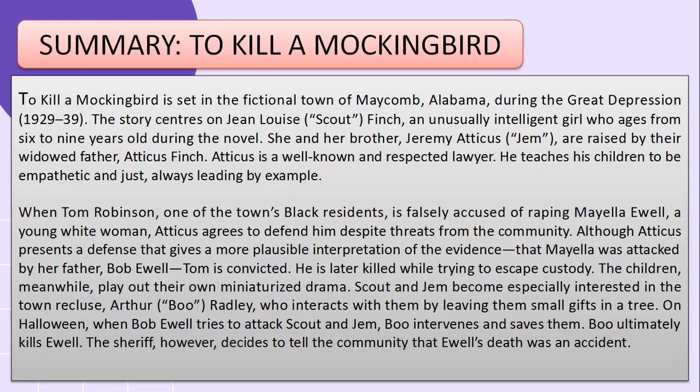So To Kill a Mockingbird is a coming-of-age story about a girl named Scout, like I said before, with her brother Jem, who try to understand and relate to their father Atticus, who is a lawyer charged with defending a black man falsely accused of raping a white woman, Mayella Ewell.